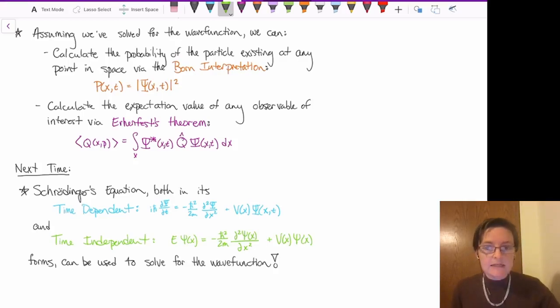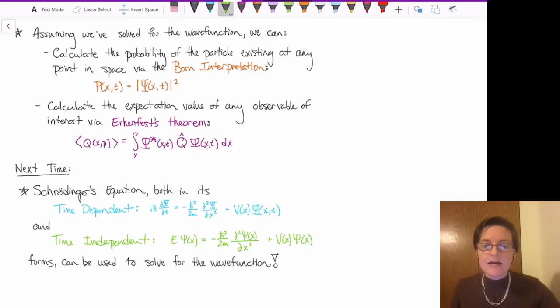And last but not least, the way that we can connect the wave function to some property of interest like the position or the momentum of a particle is using Ehrenfest's Theorem, which tells us that the expectation value of an observable is equal to the integral of the complex conjugate of the wave function times the operator that corresponds to that observable times the wave function.